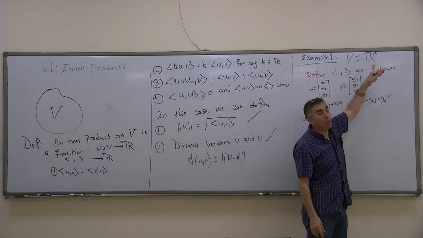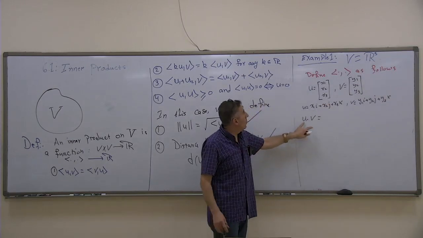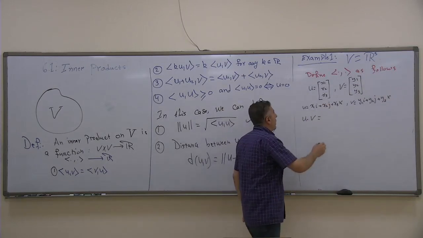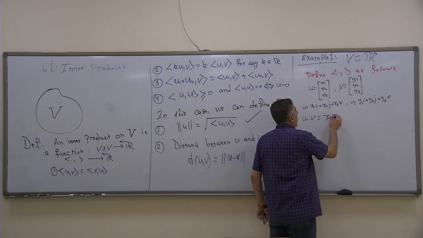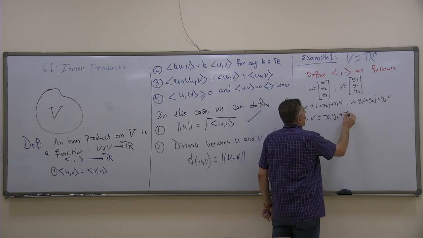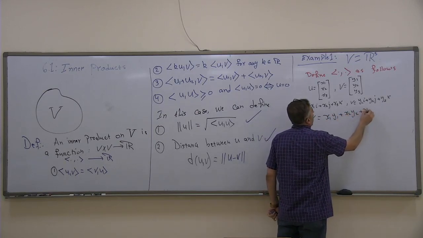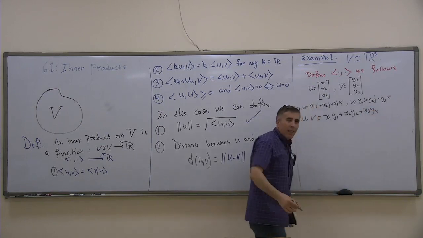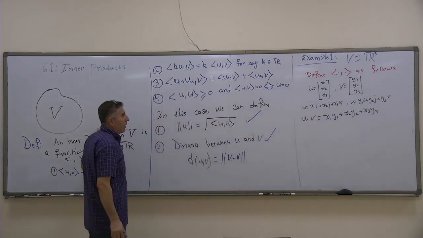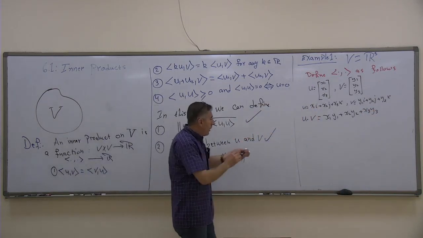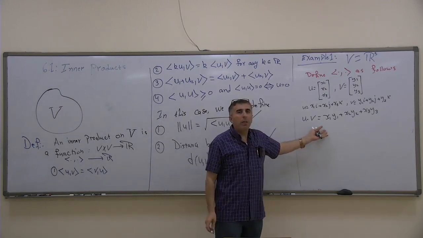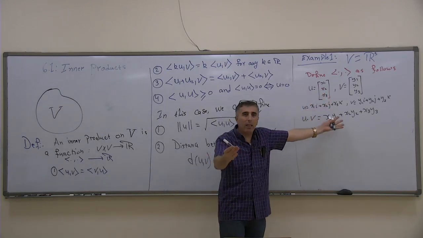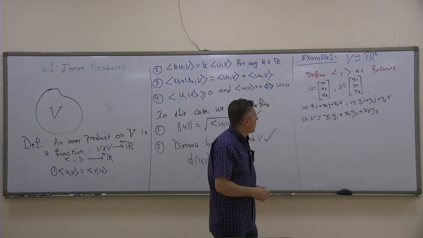But whether it is R2 or R3, it is the same. So U dot V, what was that? It was x1y1 plus x2y2 plus x3y3. Well, that is exactly what we are talking about here. So here, I am going to take my inner product to be the dot product that you know from your general physics 1 or 2.